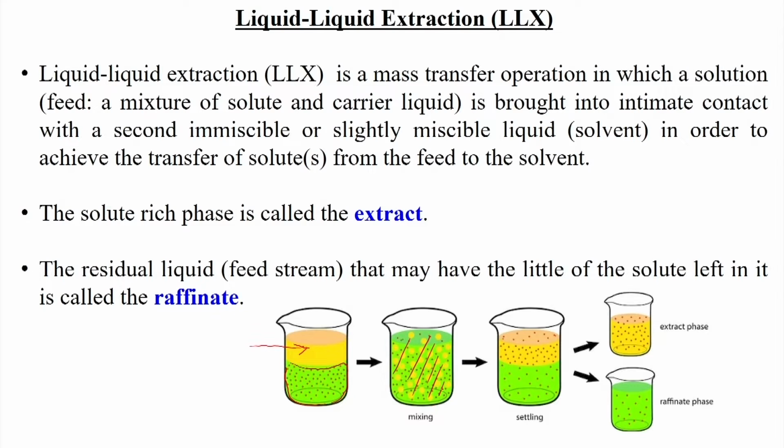It is allowed to stand for a long period of time, so that the two liquids separate from each other due to the density difference, and the solute, or target component, that is the dot, is now distributed like this. The maximum amount of the dot has gone to the extracting solvent, and a minimum amount of the solute is present in the carrier solvent, and it separates into two different liquid phases.